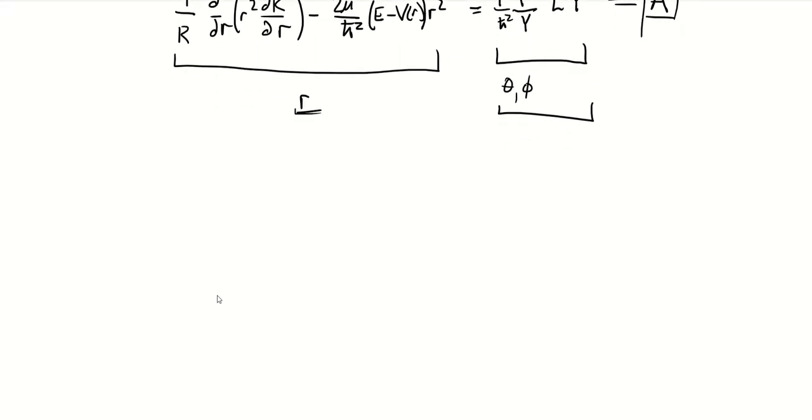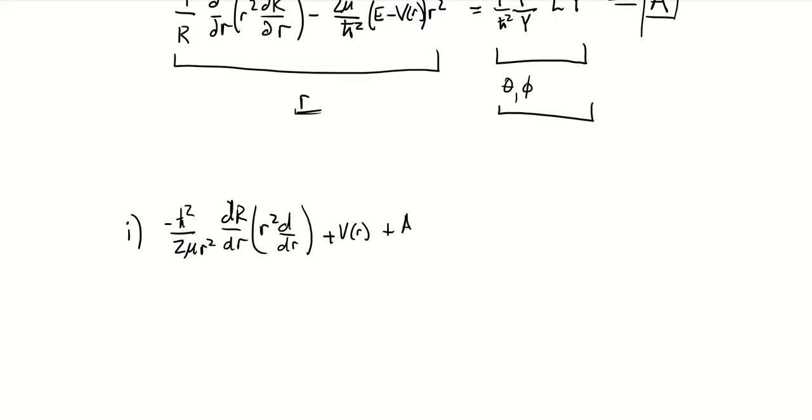Those two equations boil down to, the first one comes from the left-hand side: negative h bar squared over 2 mu r squared, derivative of r squared d/dr, plus V of r, plus A h bar squared over 2 mu r squared, all acting on our radial function, our function that only depends on r, and that's going to be equal to the energy times that radial function.